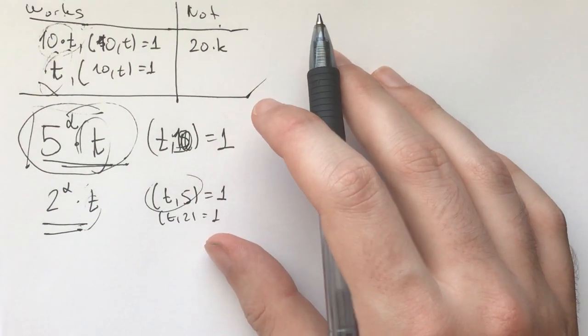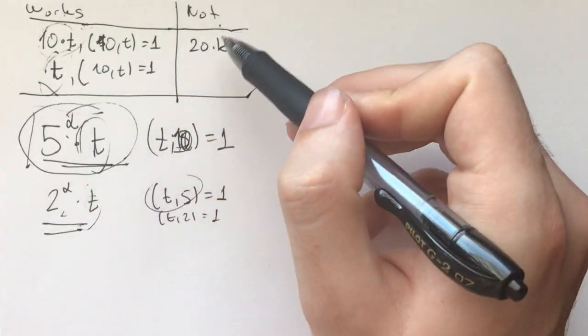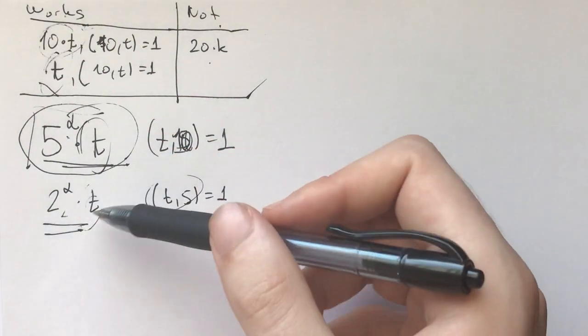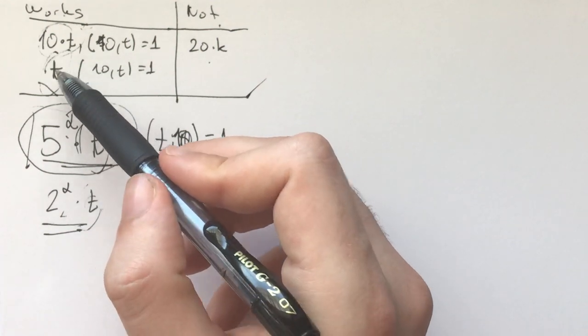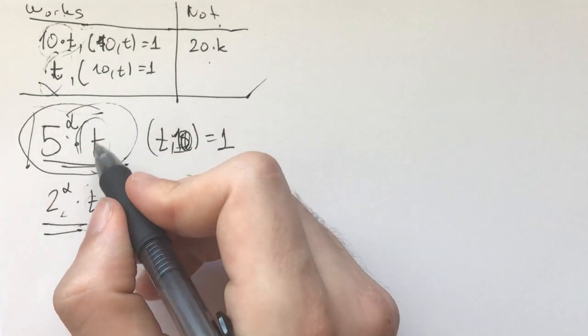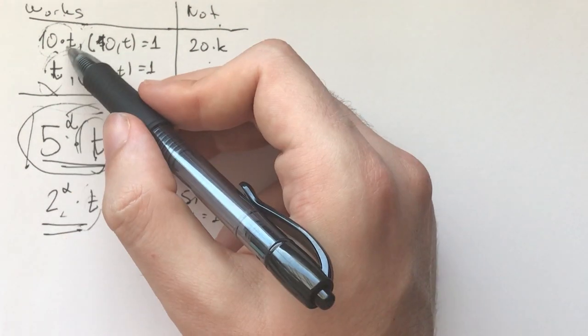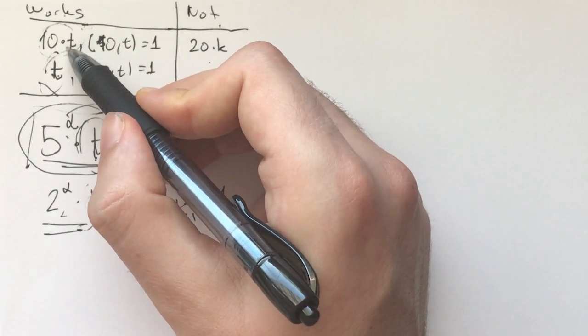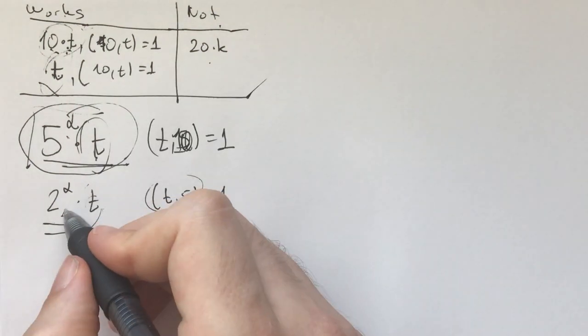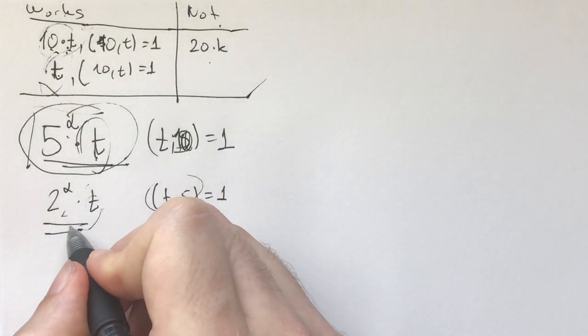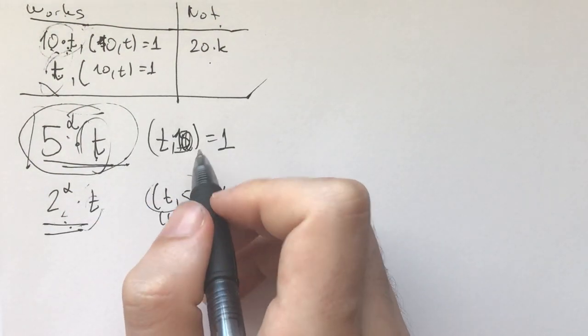And I believe that this covers all the numbers, because these are the odds. These are the odds that have nothing in common with 5. These are the odds that have something in common with 5. That covers all the odds. These are the evens that have something in common with 2 and 5. These are the evens that have something in common with only 2 but nothing with 5.